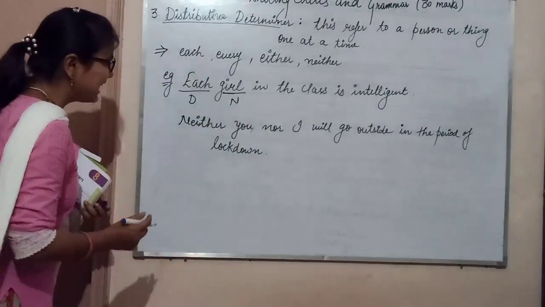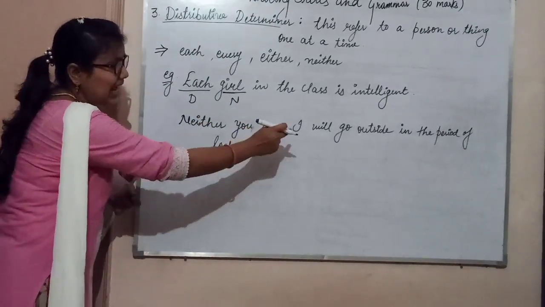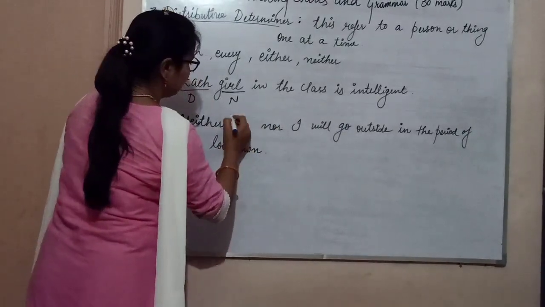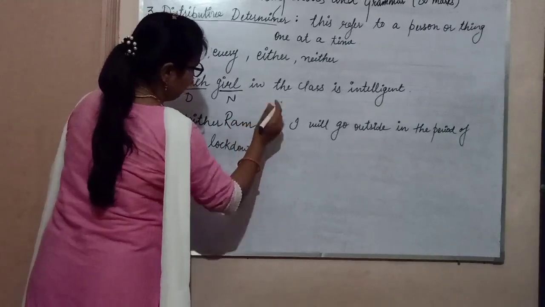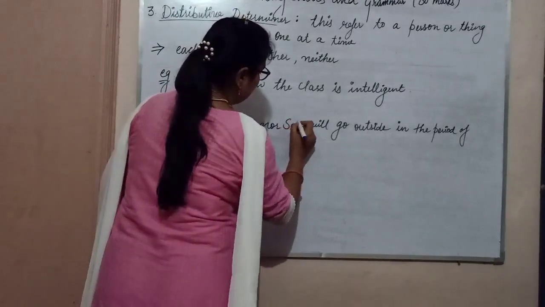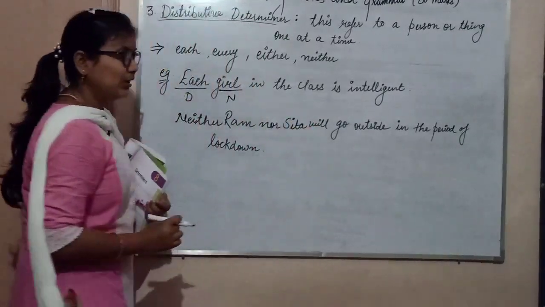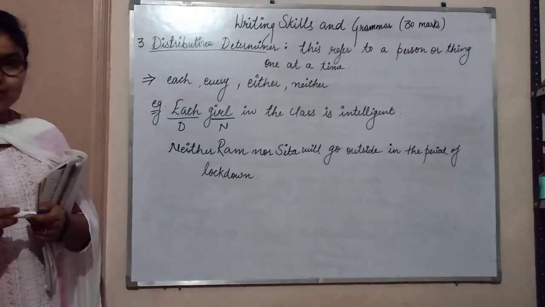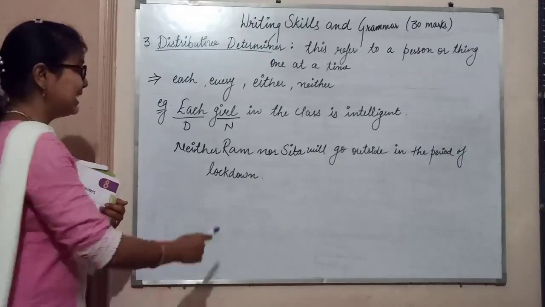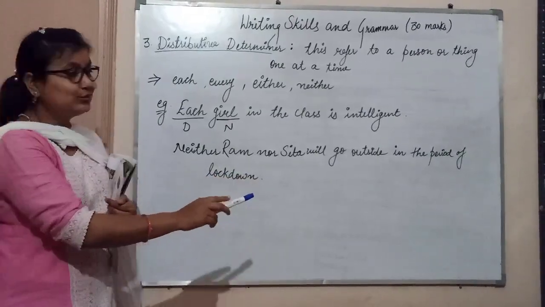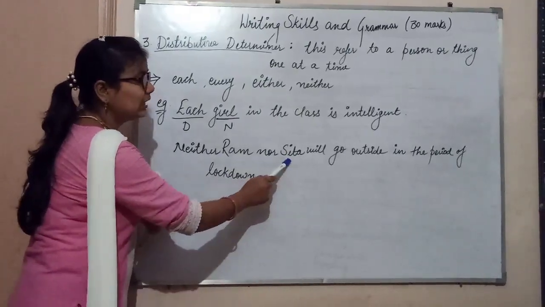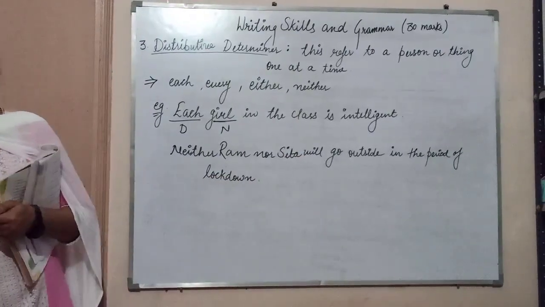The example is, neither Ram nor Sita will go outside in this lockdown. Sorry for that. You and I are pronouns, and here we are going to use only nouns. So Ram is a noun and Sita is a noun. Neither Ram nor Sita will go outside in the period of this lockdown.